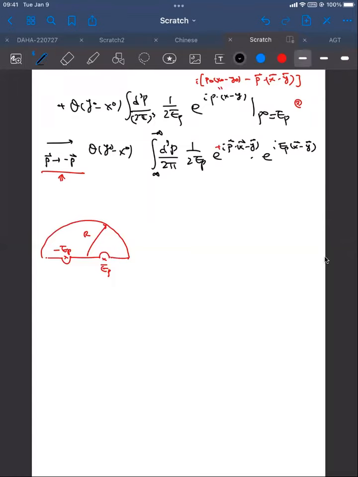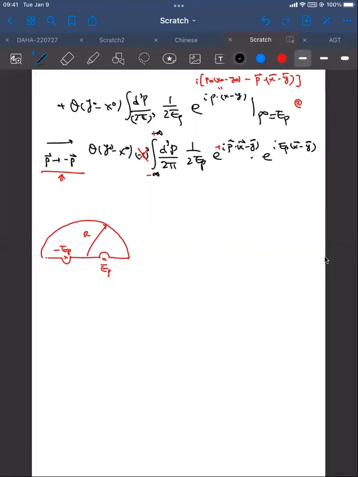P goes to minus p means (minus 1) to the cube, which is minus 1. However, if you swap the integration order, so the integration goes from minus infinity to plus infinity, you can forget about this. So that's one thing.